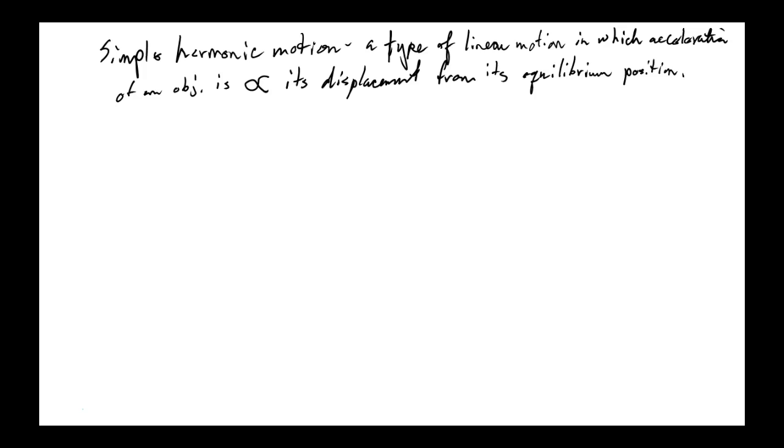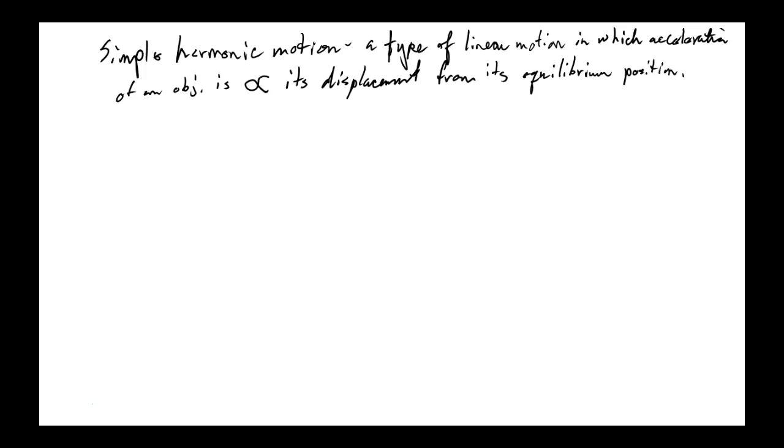Okay? So let's think of an object like a spring. Let me have the spring dangling here. You can put a mass on it if you want to, and that may stretch the spring a little bit. But when it stops dangling and just hangs there, that's its equilibrium position. Now, if I were to pull down on that object, the spring's going to be pulling up on it, right?